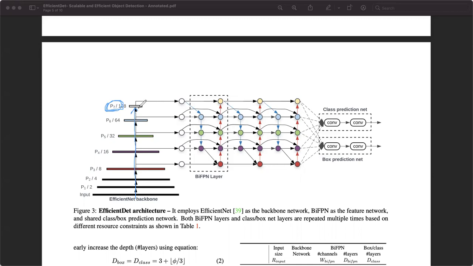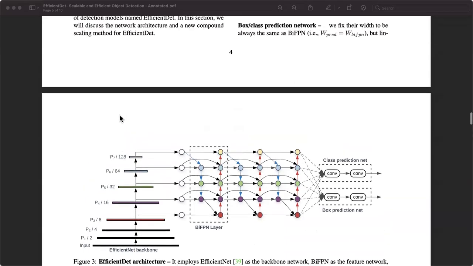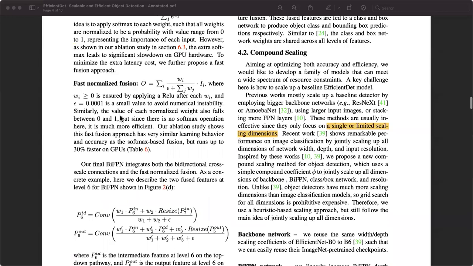This one represents this scale of features, and P3 represents features in terms of this large resolution. Let's go back here.